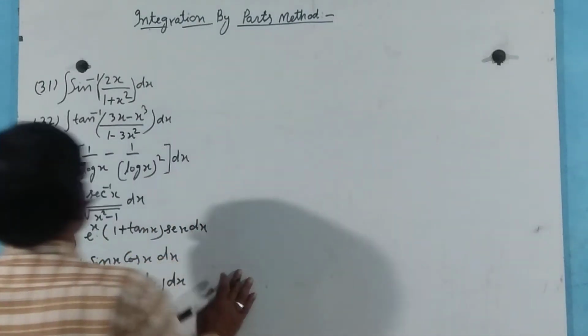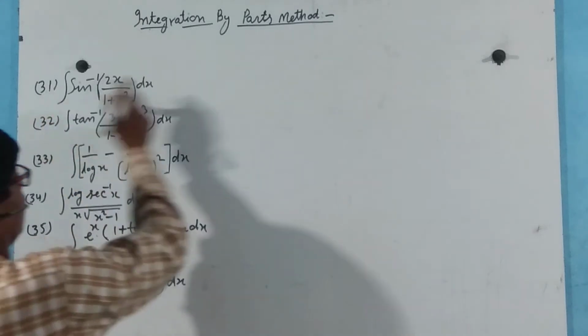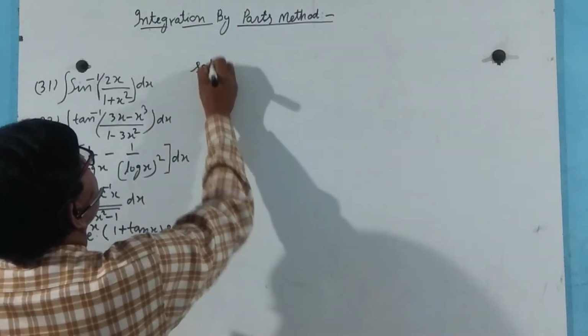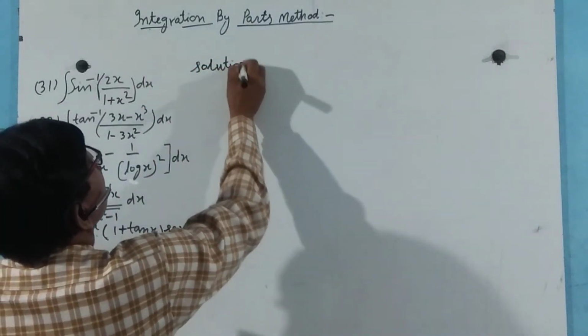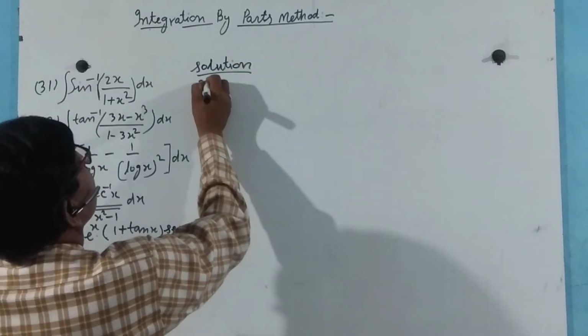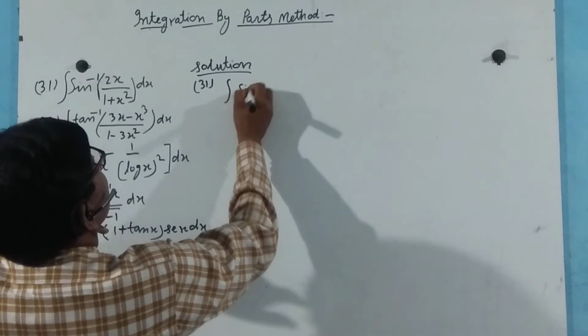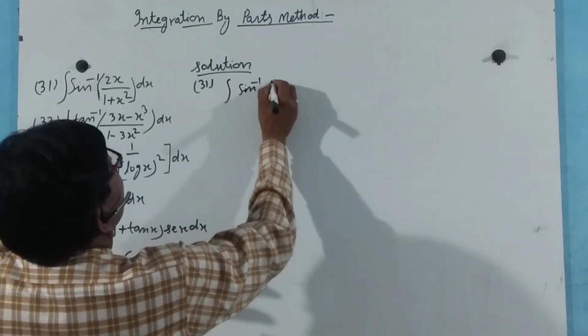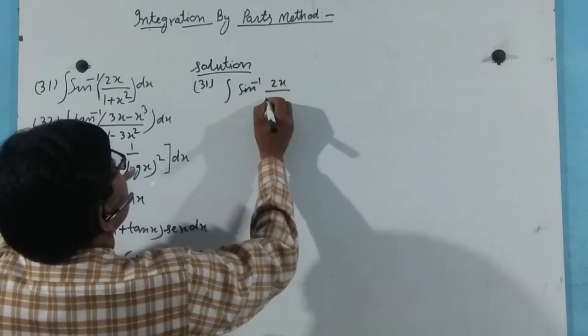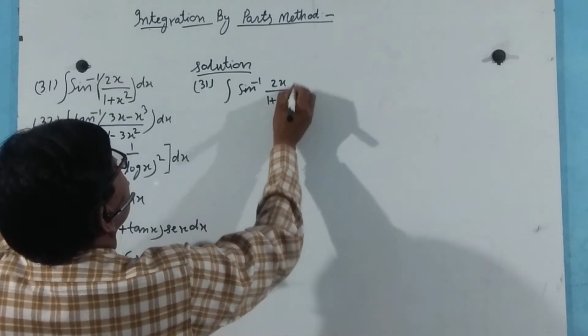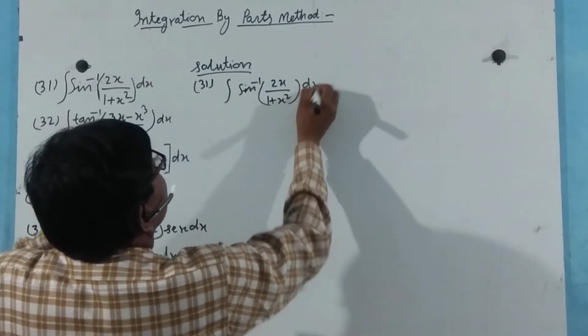Now question number 31. Solution of this: integration of sine inverse of 2x divided by 1 plus x square dx.